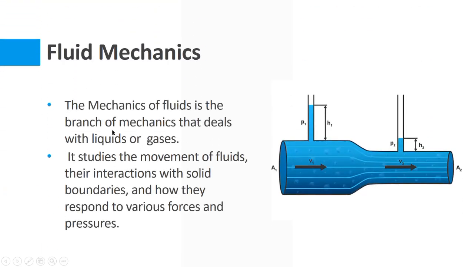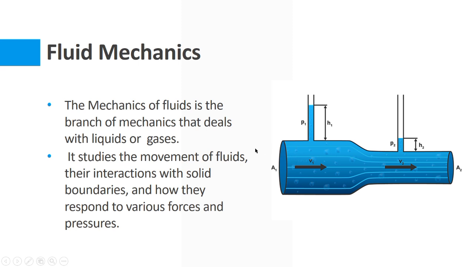Now the third branch of engineering mechanics is fluid mechanics. Fluid mechanics is the branch of mechanics that deals with liquids or gases, which are collectively known as fluids. It studies the movement of fluids, their interaction with solid boundaries, and how they respond to various forces and pressure. Fluids are always bounded inside a boundary, because a solid boundary is always there to contain a liquid.